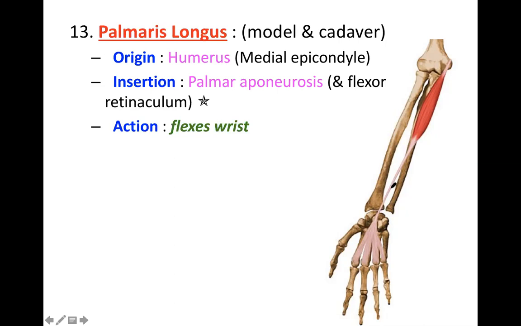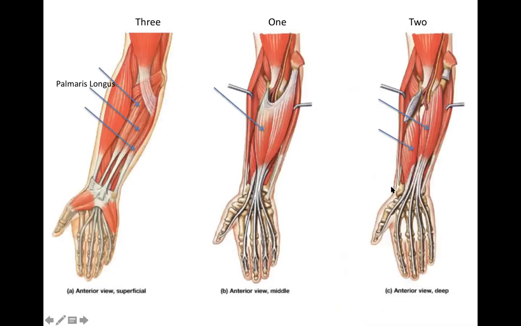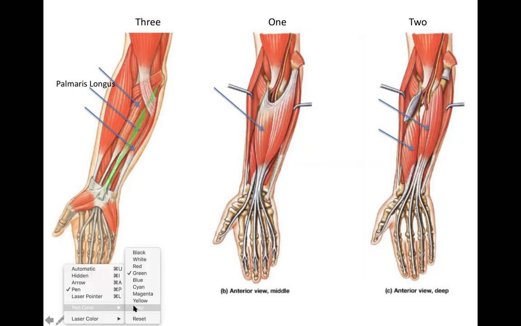All right, now on either side of our palmaris longus are our two additional wrist flexors. So when we look in this view, we're going to see right in the center, this muscle right here, this is all palmaris longus. And then on either side of it, right, so I'm kind of just shading it in green here, on either side of palmaris longus are going to be the two carpi flexors.